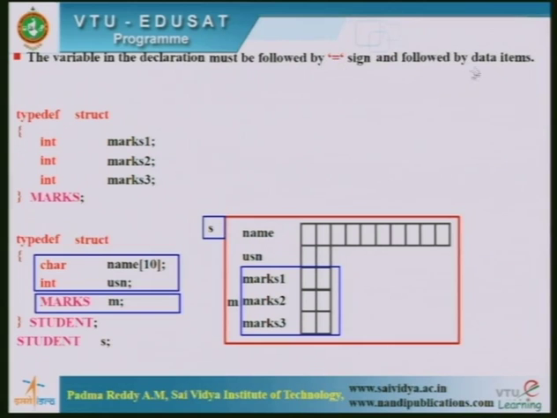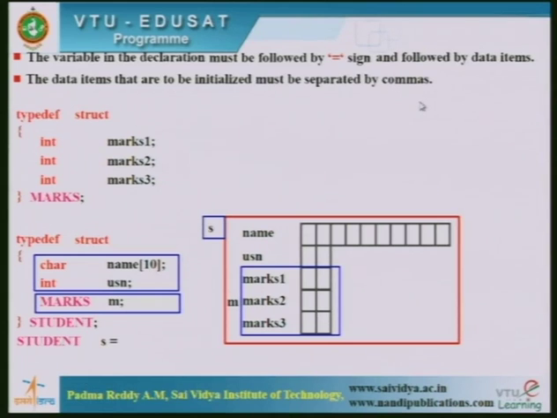Equal to sign and followed by data items. The data items that are to be initialized must be separated by commas. Now look here. Here I have a variable s. So s is equal to, first what you write? RAM. RAM will be copied to this location.